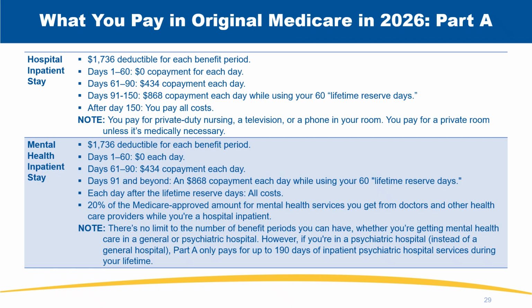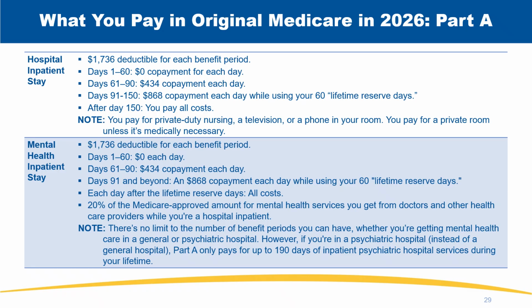So this is the deductible for each benefit period. So what you pay in original Medicare in 2026. As you can see, the deductible for Part A is $1,736. For days 1 through 60, it'll be $0 for each copayment day.